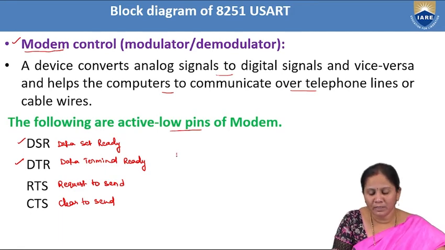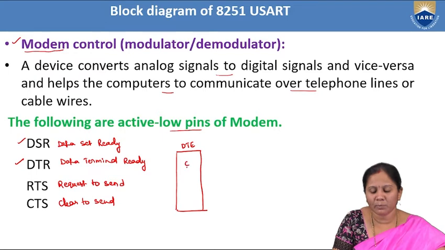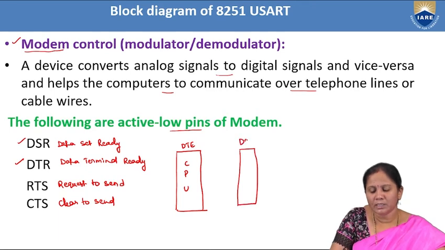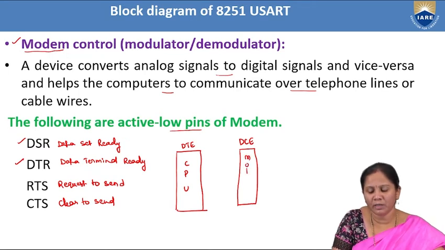For example, consider a DTE device, that is data terminal equipment, which can be the CPU. And DCE represents data communication equipment, which can be a modem.